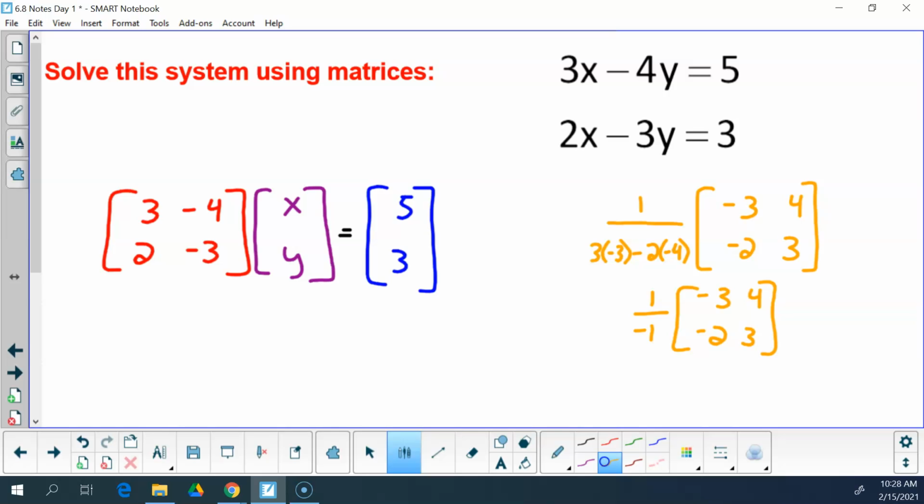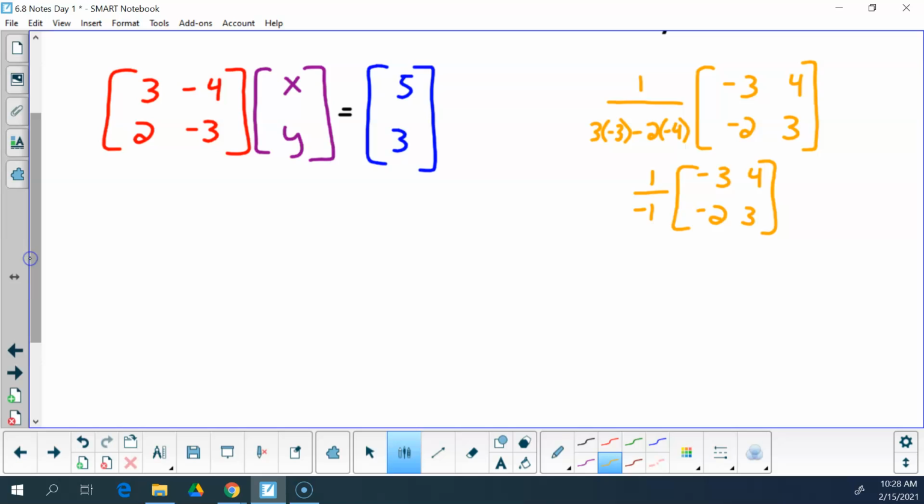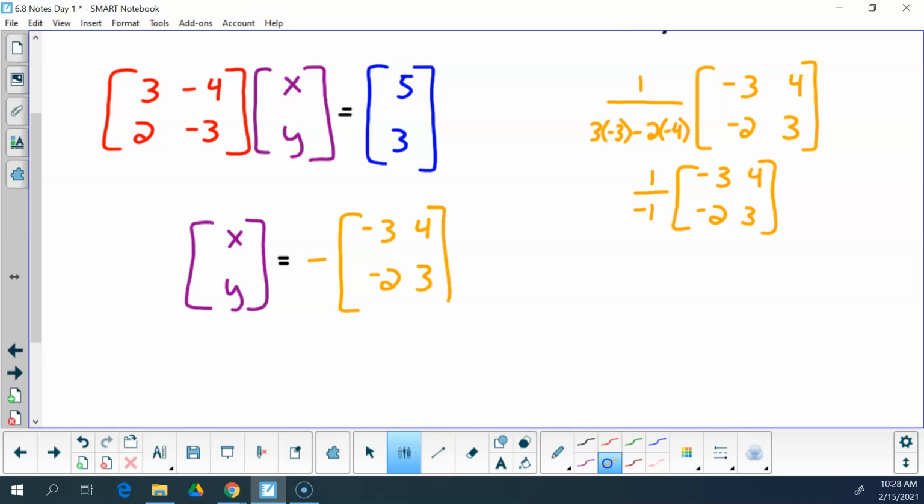So my equation, after I multiply on the left side, should boil down to be this times this.